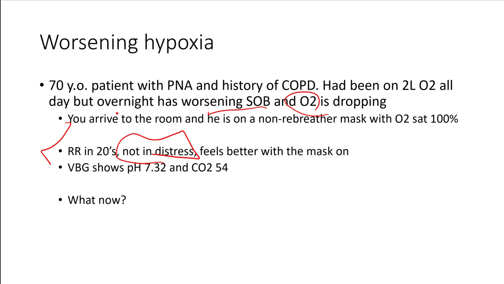And his VBG shows 7.32, which converted to what an ABG would be, 7.35 or so. That's normal. I love that. And a CO2 of 54. He's ever so slightly retaining CO2. But what you know here is that this patient is having worsening hypoxic respiratory failure, and they have mild CO2 retention, but that's less so the acute part of what's going on here.